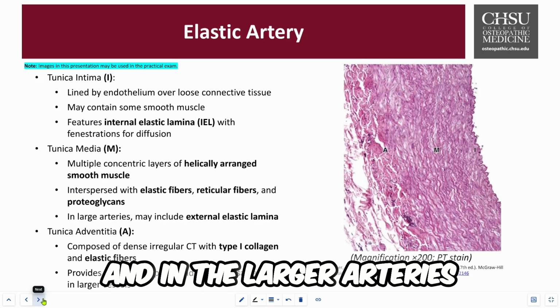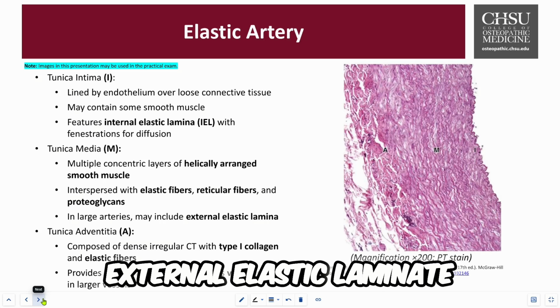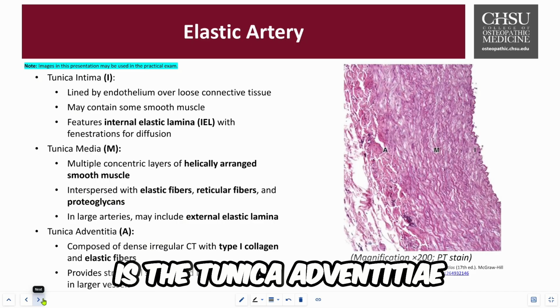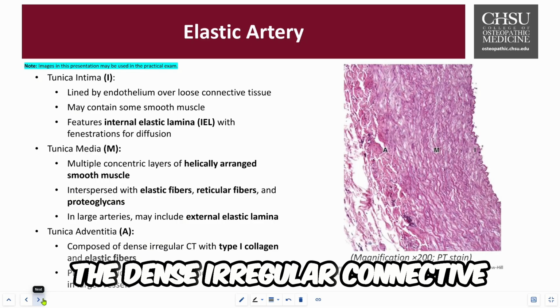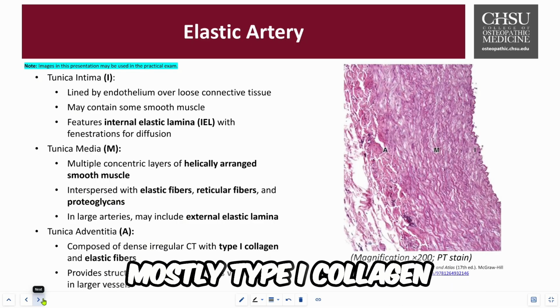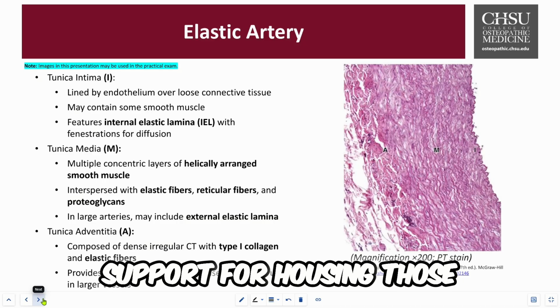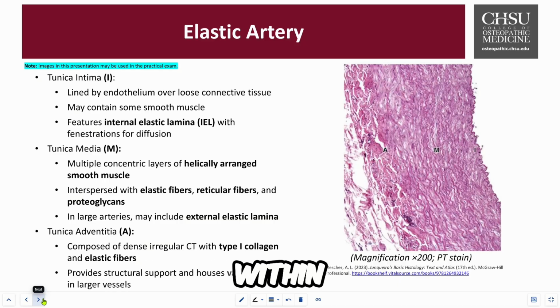In the larger arteries, it may include an external elastic laminae. And then the final layer is the tunica adventitia, A. This is composed of dense irregular connective tissue, mostly type 1 collagen fibers and elastic fibers, and provides structural support for housing the smaller vasa vasorum within.